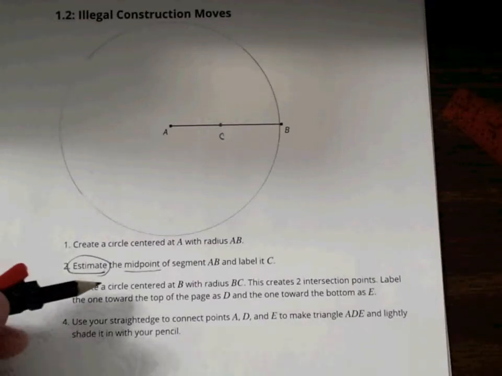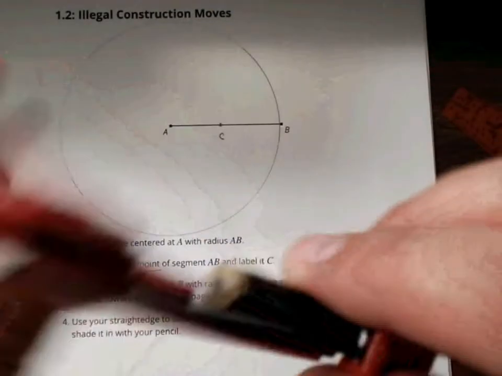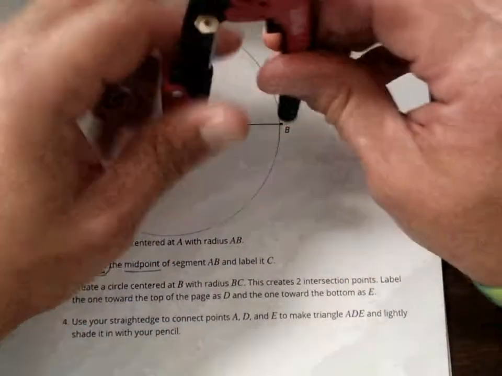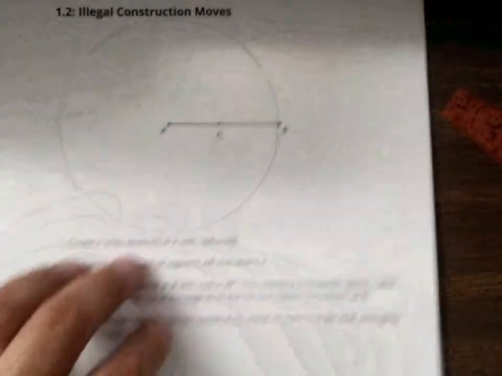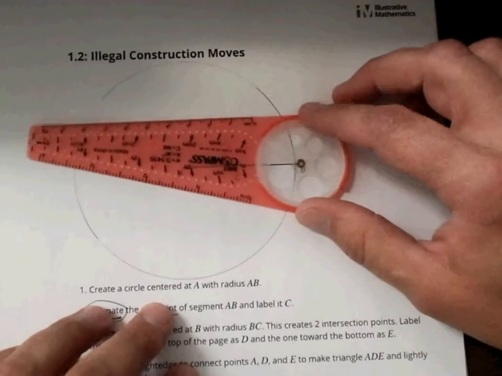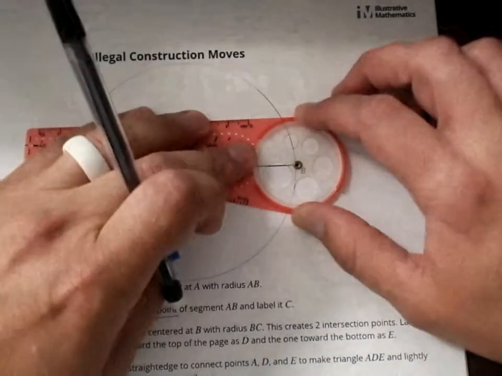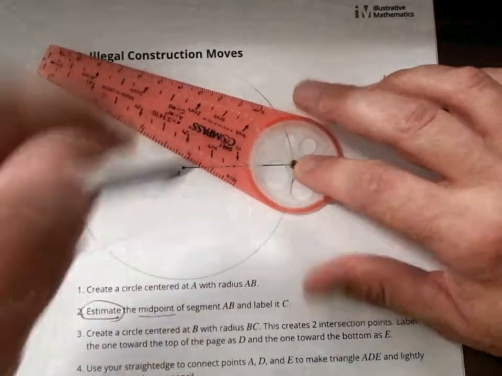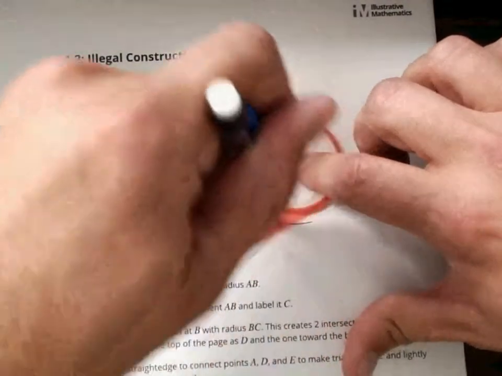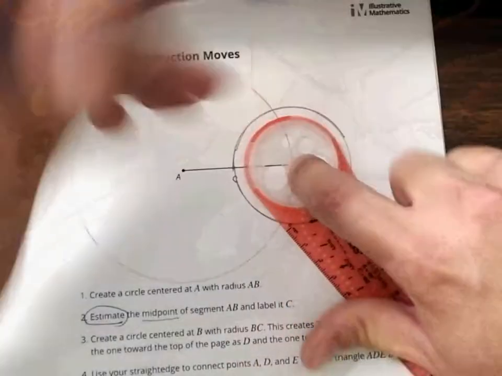And now I'm going to create a circle that has center at B and a radius at C. So I'm going to have center at B, so my point, I'll use this one this time, so we can use both devices. My center there, and my point at C. And there we go.